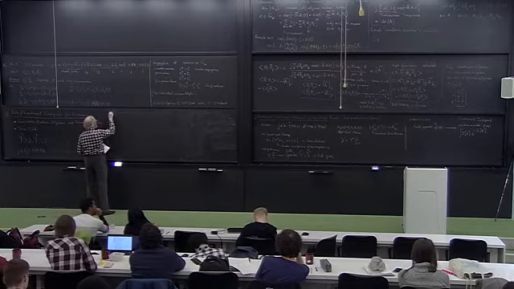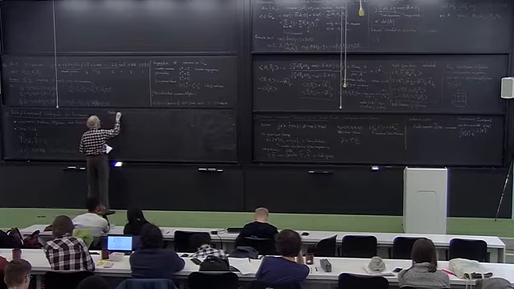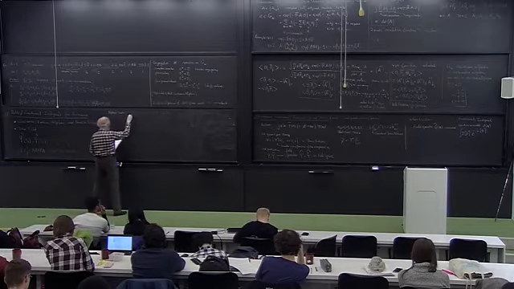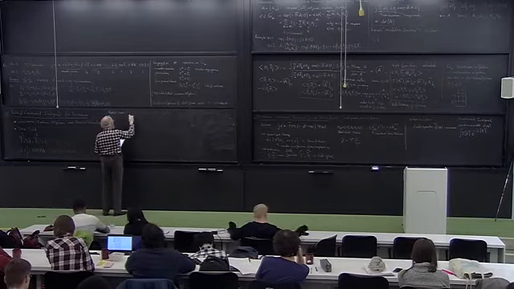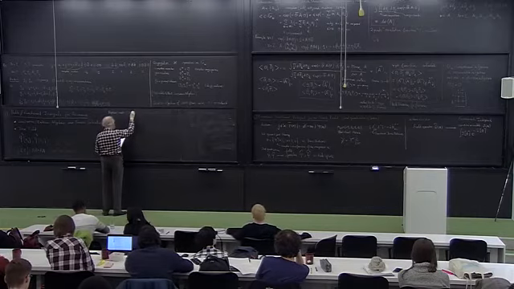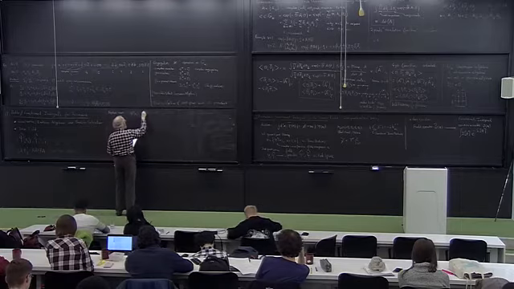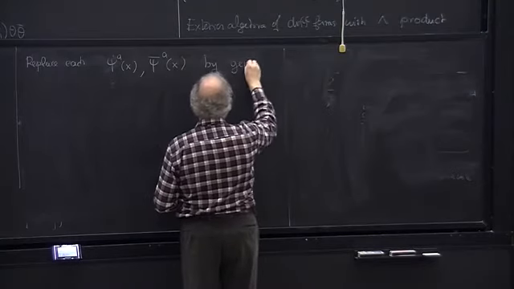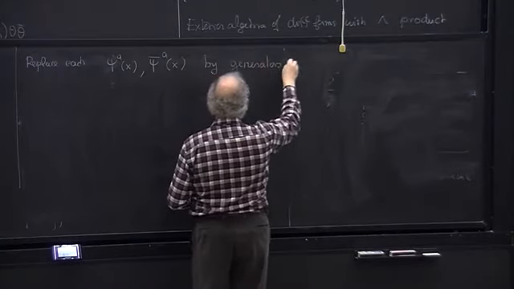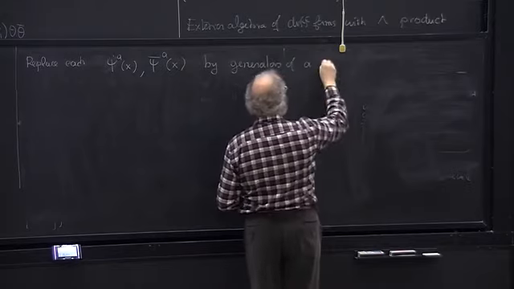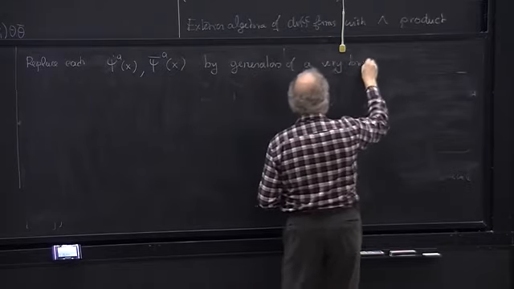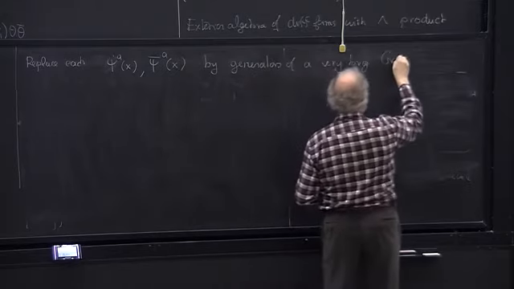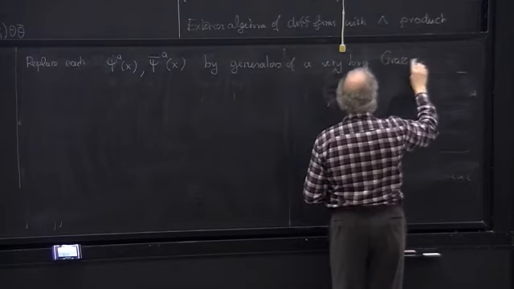replace each Dirac component psi a of x and psi bar a of x by generators of a very big Grassmann algebra.